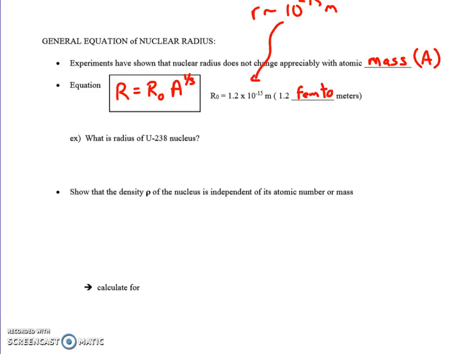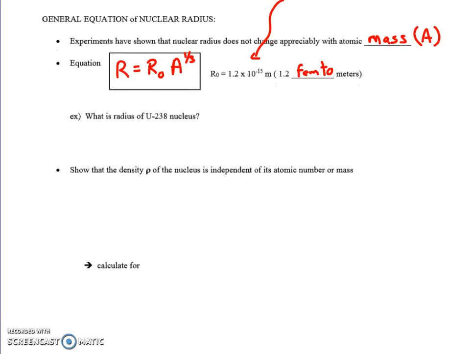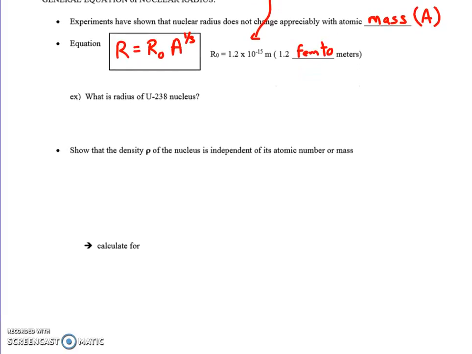Femto means 10 to the negative 15th, and that unit is sometimes called a Fermi, for Enrico Fermi, who worked at this scale. So we can apply this to uranium-238, fairly straightforward. The radius would be equal to R naught A to the 1/3, which would be R naught times 238, that's the atomic mass, to the 1/3.